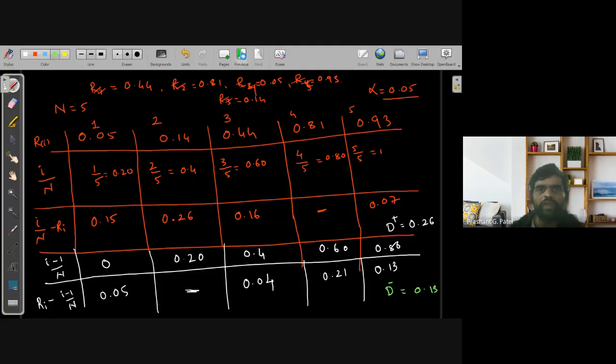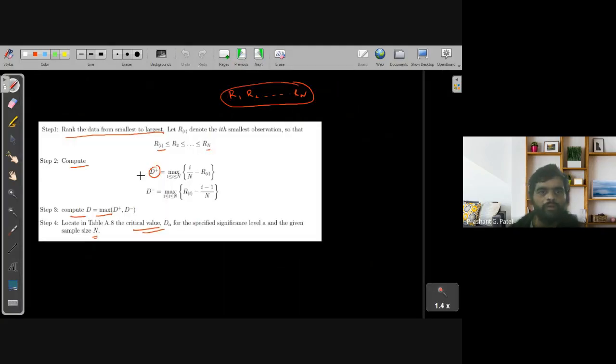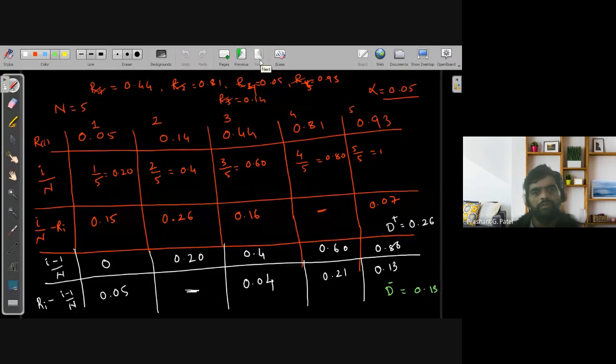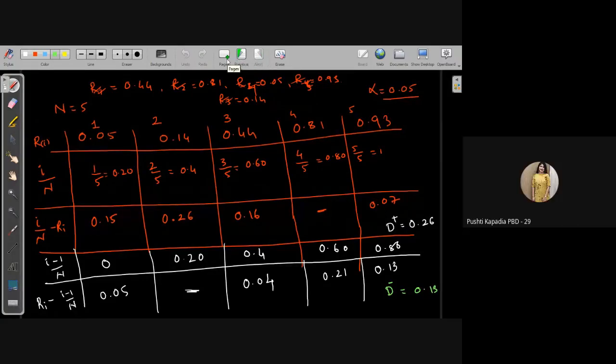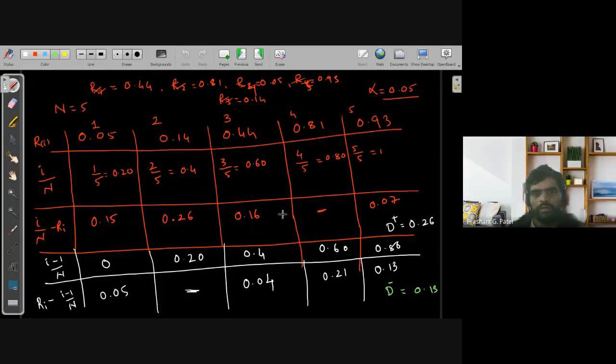So we have calculated two things, D plus and D minus. Now we need to calculate the maximum of D plus and D minus, which is D. D minus will be 0.21.